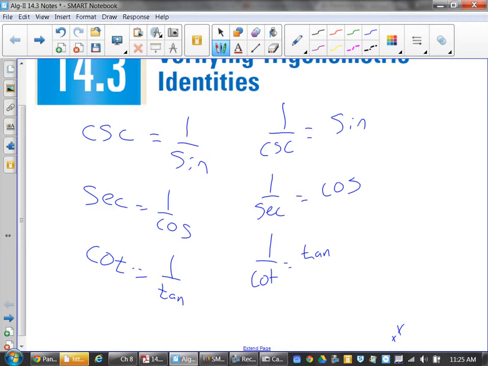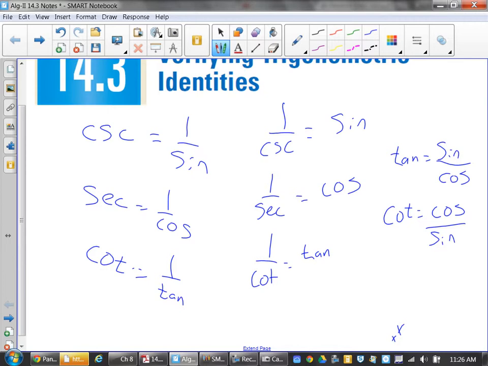What did we also say that tangent was? Sine over cosine. Good. Tangent is sine over cosine. So cotangent would be? Cosine over sine. Very good. Those are very simple, pretty straightforward, not a lot of craziness there. You're just using reciprocals and your basic sine, cosines, and tangents.